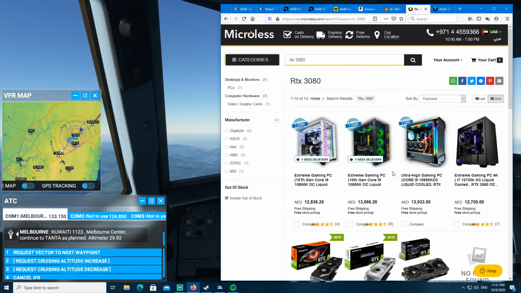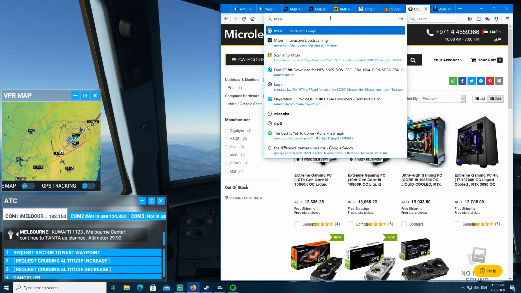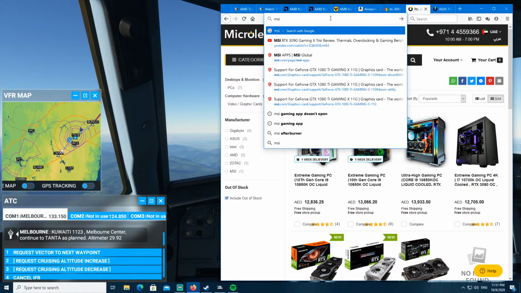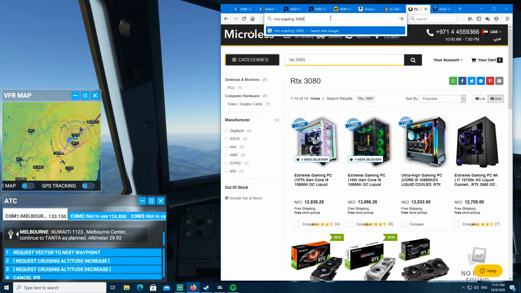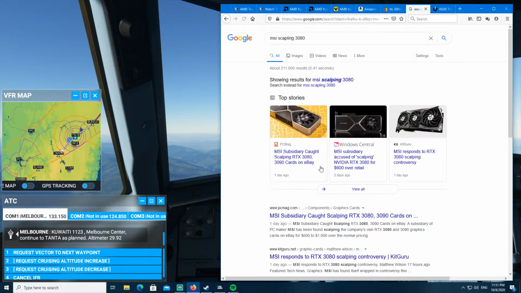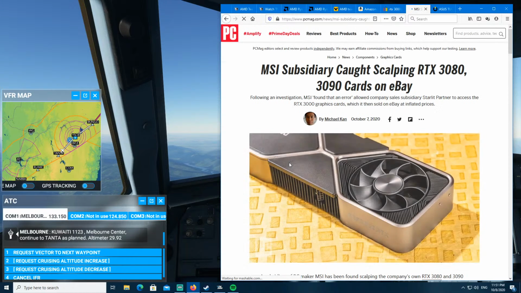Now we've got companies like MSI scalping 3080s. Believe it or not, these MSI subsidiaries are scalping 3080s.